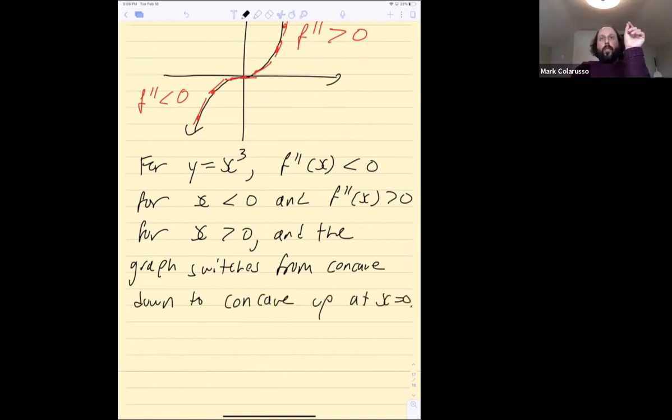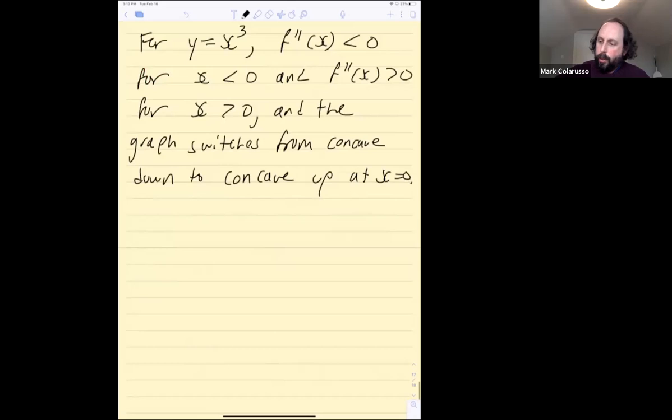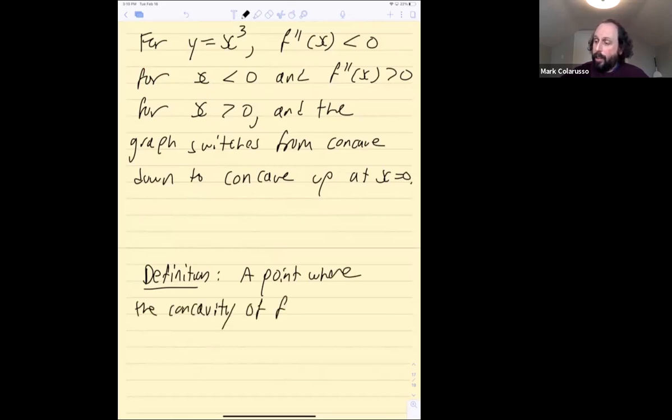So a point where the concavity of the graph changes, whether from concave up to concave down or vice versa, is called an inflection point. So definition: a point where the concavity of f at x changes.